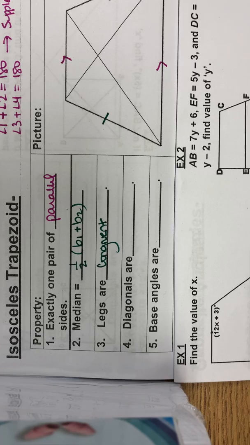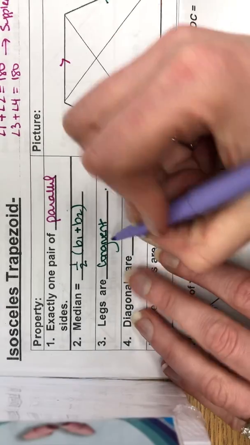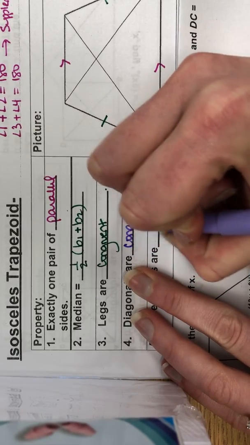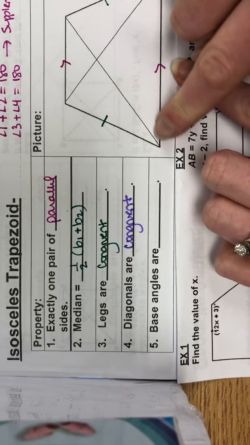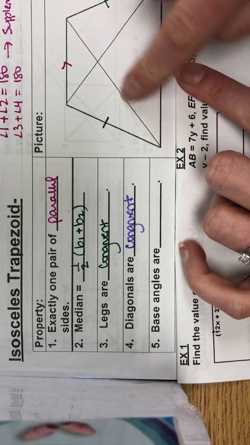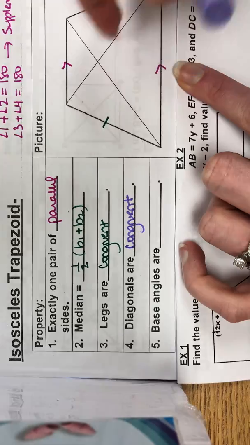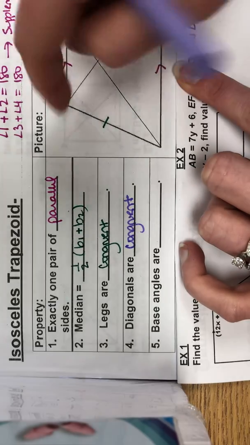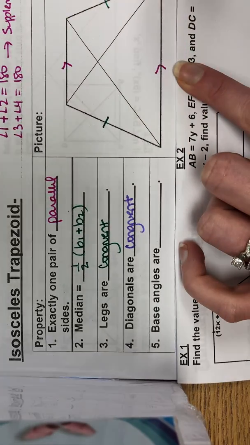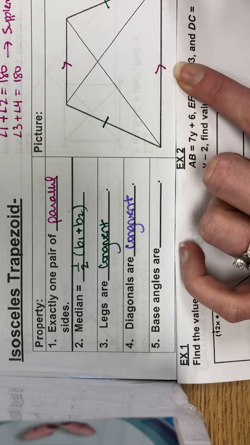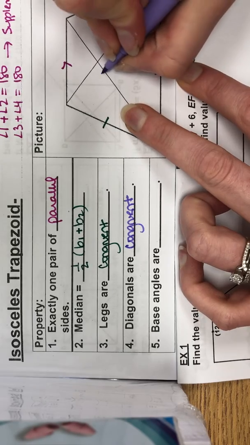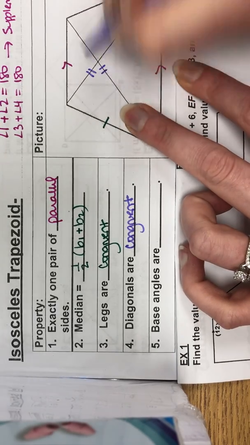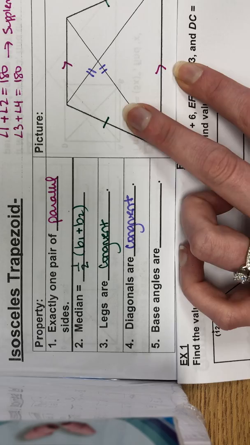Therefore the diagonals are also congruent. That means this diagonal is the same length as this diagonal. These two are the same length. As long as you understand it's the whole line, you could say this whole line is congruent to this whole line.